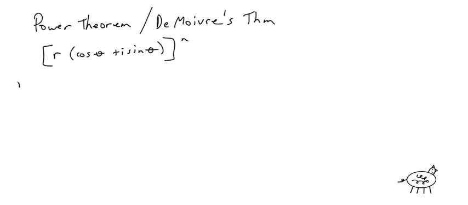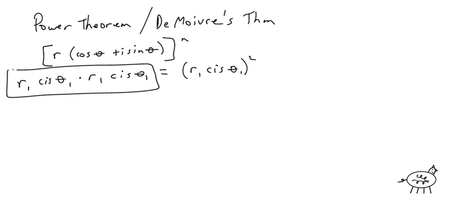So just think about it. If I have r1 cis theta 1 times r1 cis theta 1, don't you agree that's the same thing as r1 cis theta 1 squared? If I apply the product theorem, I get r1 times r1, which is r1 squared, cis, and what do you do with the angles?